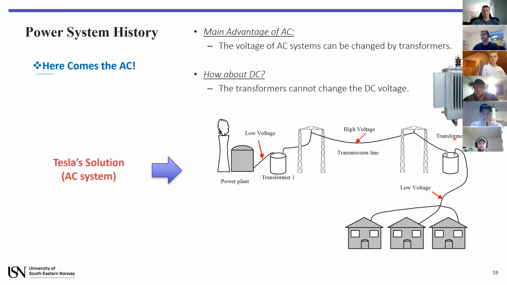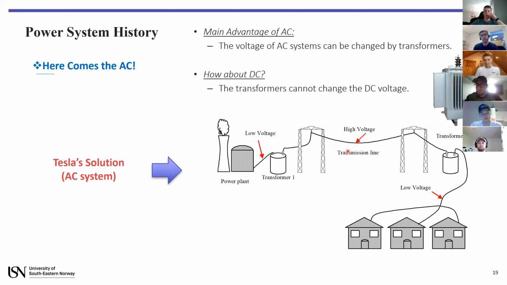It was the idea of Tesla that we have a power plant far from the cities. The produced voltage is low, but we can use a transformer to increase the voltage and send it to the transmission line. With the high voltage, we can reduce the loss in the line.